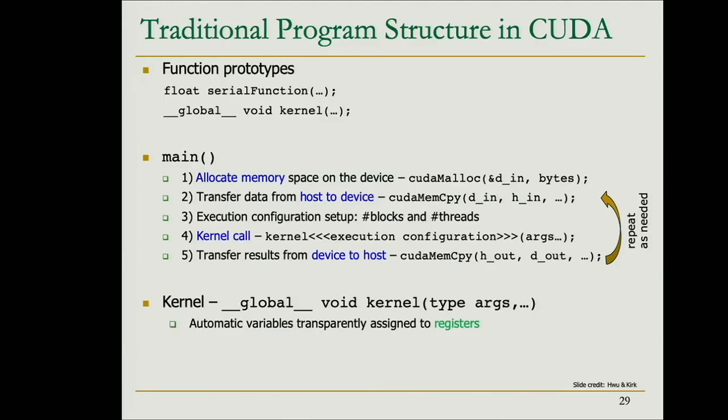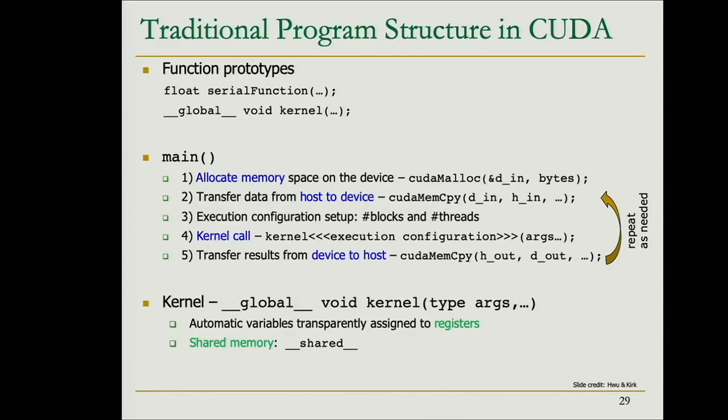We are not going to enter the details of compilation, but for you to know, when you write programs, you will see that CUDA programming is very similar to C programming. Whenever you use automatic variables inside your program, these are typically going to be mapped into registers. But we can also define shared memory, and for this we will need to use a special word inside the kernel code.